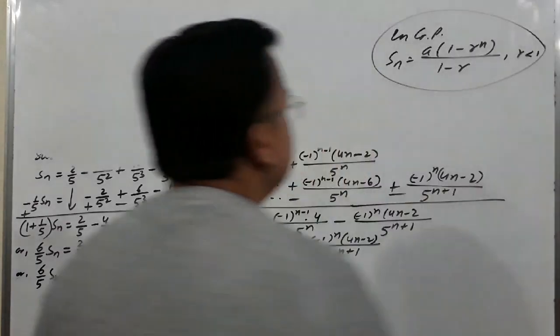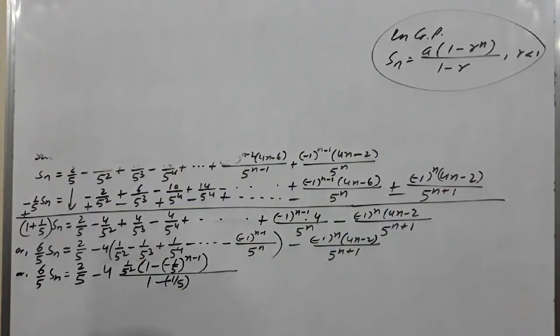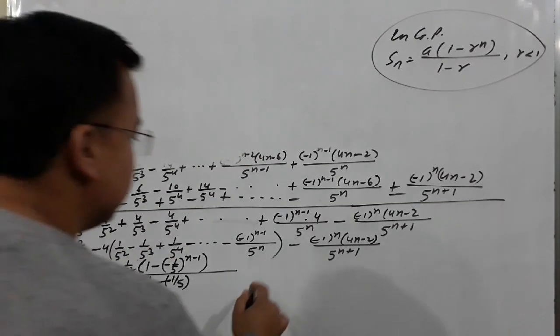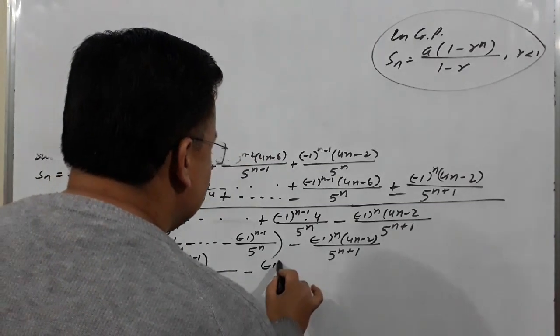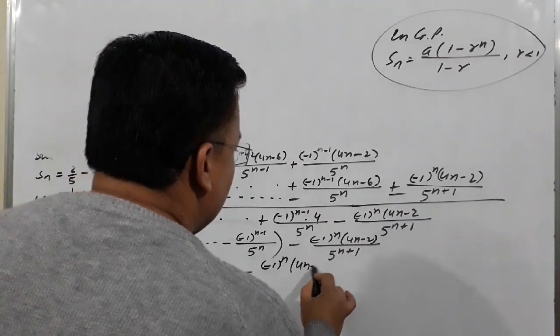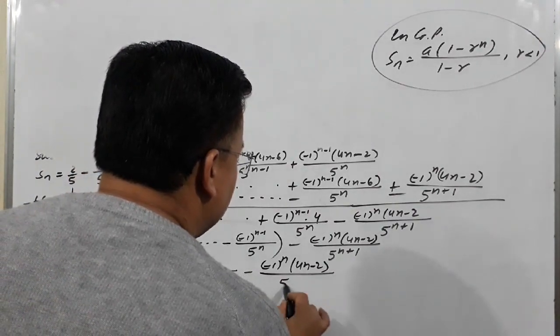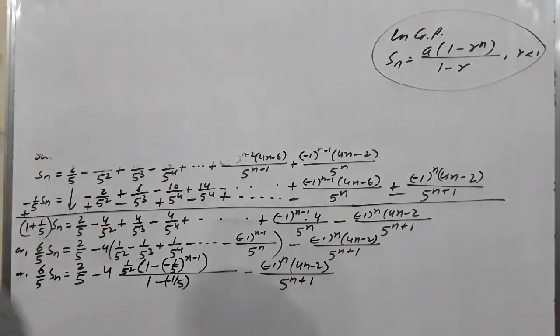Everybody, this is the formula for the sum to n terms. Using the same formula, I have written this. You can see very carefully. The same, minus 4n minus 2 over 5 raised to power n plus 1.